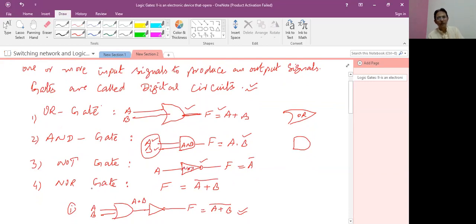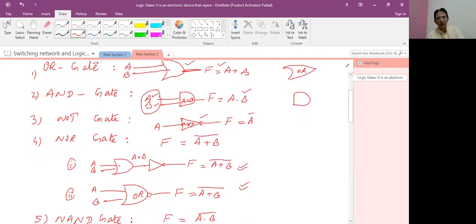What is the NOR gate? It means NOT OR gate. The OR gate represents A plus B, but NOT represents f is equal to the complement of (A plus B). If we draw a diagram, it can be done in two ways. First, we consider an OR gate with A and B as inputs, giving A plus B. Then we connect it with a NOT gate, which gives f, the output: f is equal to the complement of (A plus B).